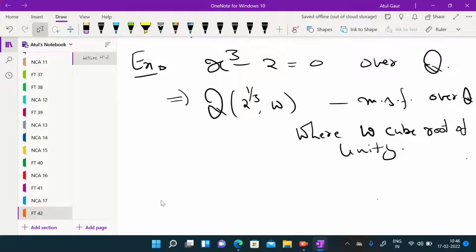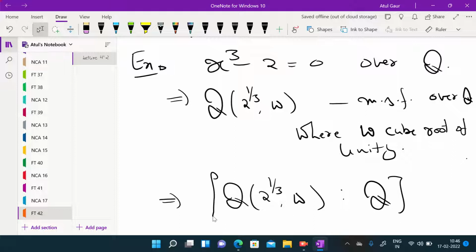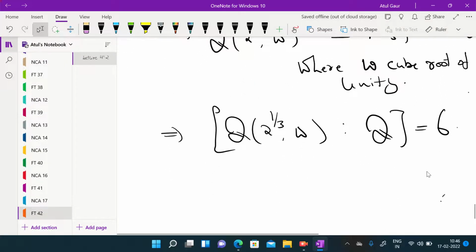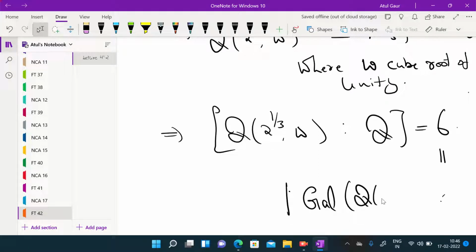And you already know that its degree is 6. We have seen already several times. So that means कि जो गलवा ग्रुप का ऑर्डर भी 6 होना चाहिए. So this should be the order of the Galois group.